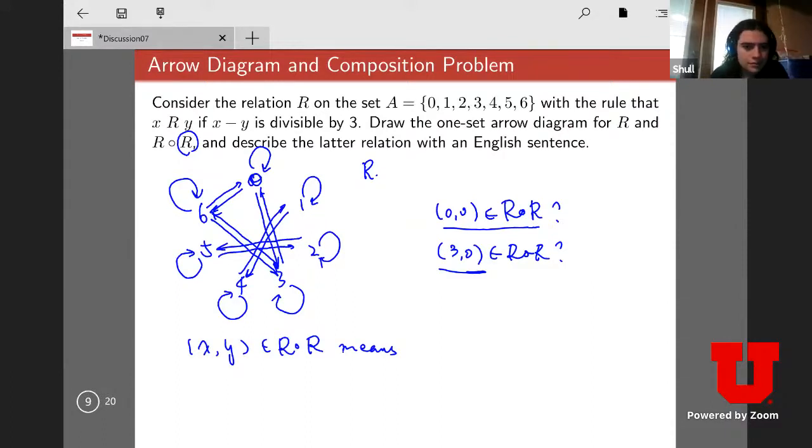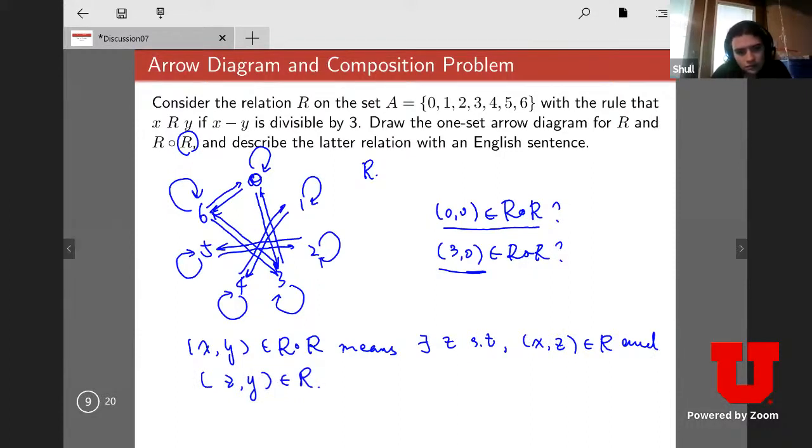It's just a definition. It means there exists Z such that XZ is in R and ZY is in R.